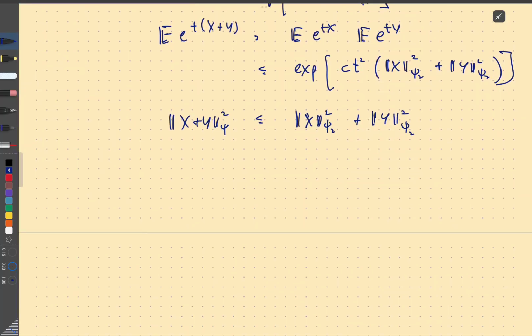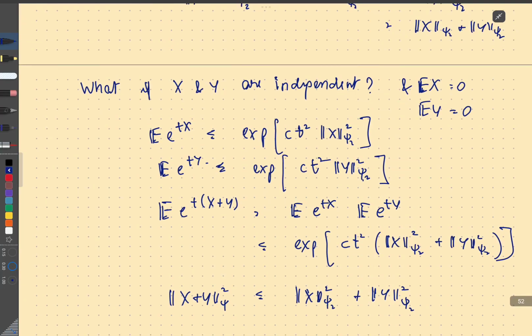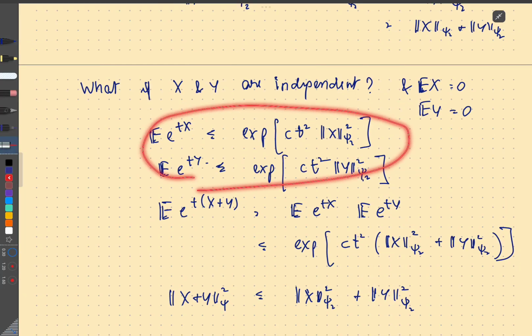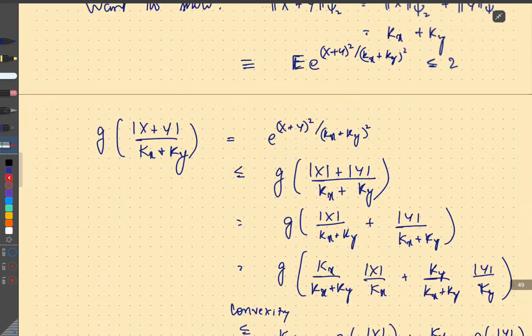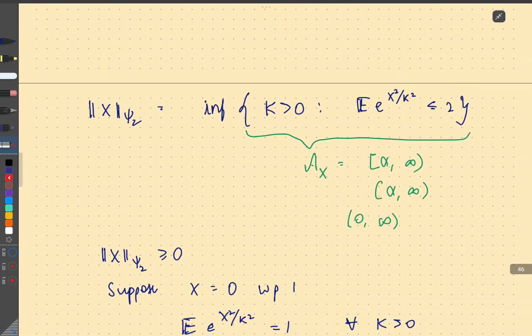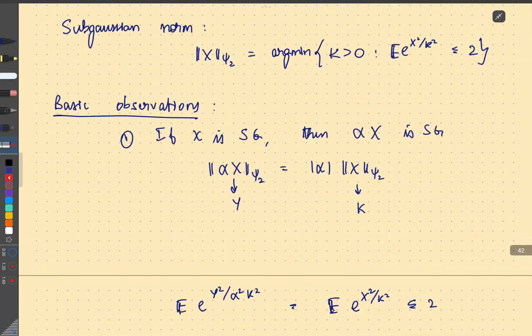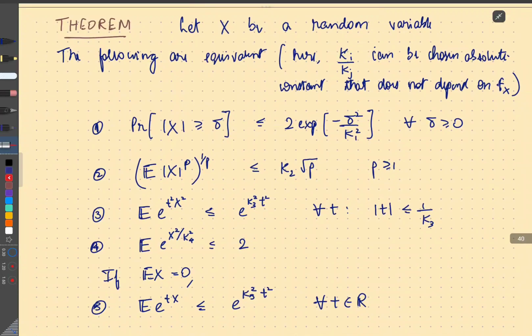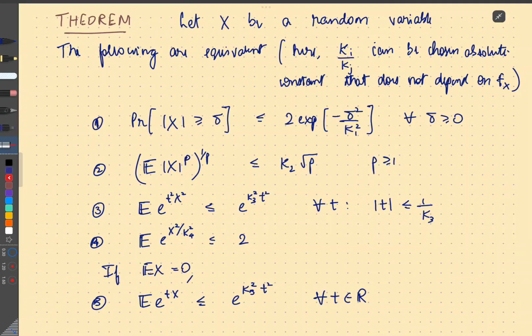Sir, where did you get the first inequality? Which one? These? These are just by the equivalence conditions, right? So I had this theorem which said that all of these are equivalent. Okay, the last one. Correct, the last one over here.